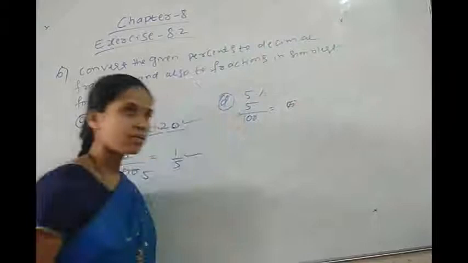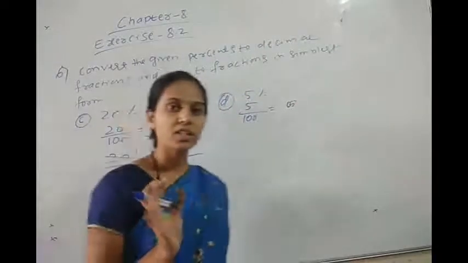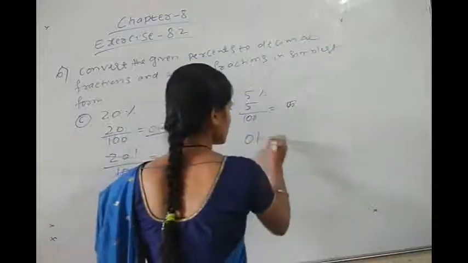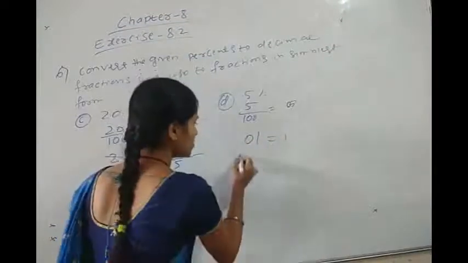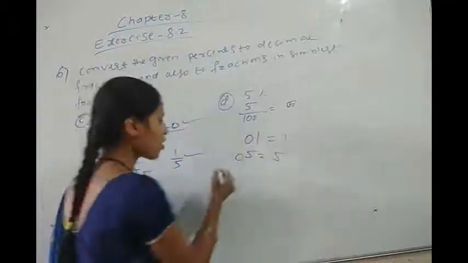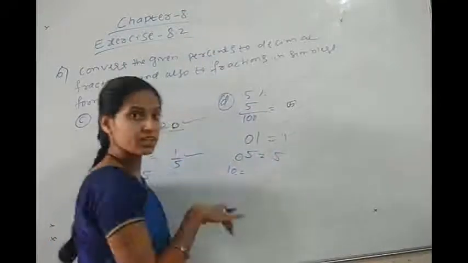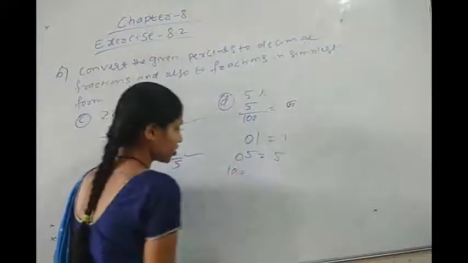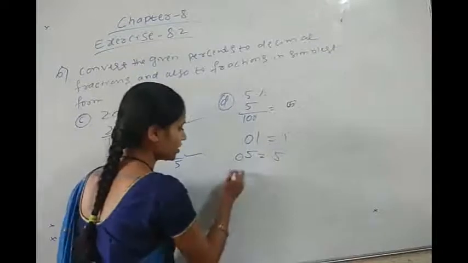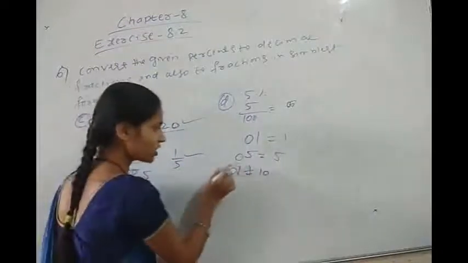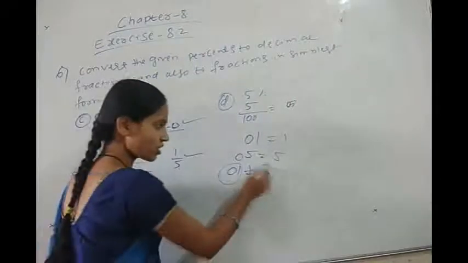So before any number, if you write 0, it has no meaning. 0 before 1 is same as 1 only. 0 before 5 is same as 5 only. But if you write 0 after that number, it has some meaning. We cannot say 01 is equal to 10. It is not equal, because 01 is nothing but 1 only, while 10 is 10.